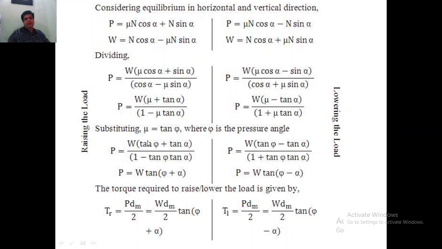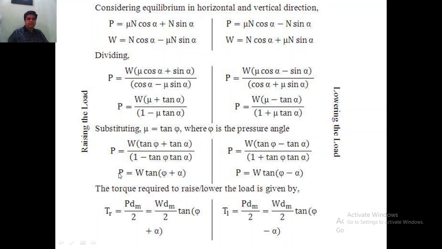You can substitute that and you will get this equation. So the force required to raise the load will be equal to W, the weight or the load to be raised, or F in the other case. So F equals W tan (phi plus alpha). Again you can see mu is related to the pressure angle.